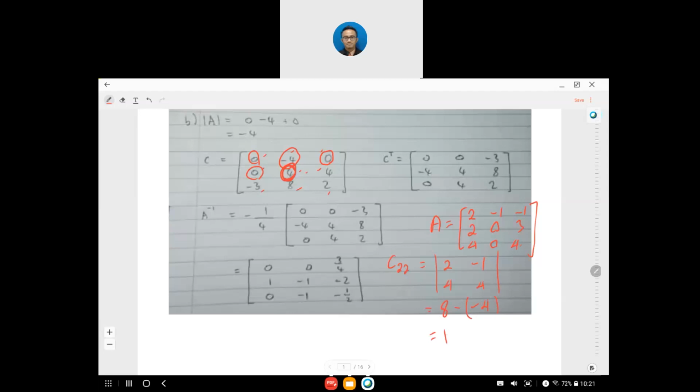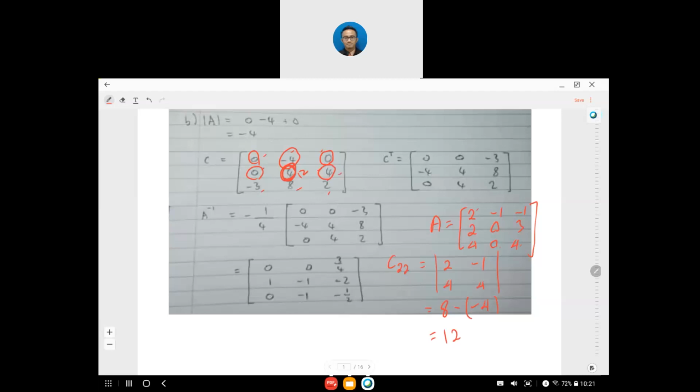So it becomes 12. Okay, supposedly this one is 12, not 4. Okay, and then this one, 4. Your answer is 4. So we can check whether it's 4 or not. So 2 and 0, 0 plus, okay, plus 4, correct.